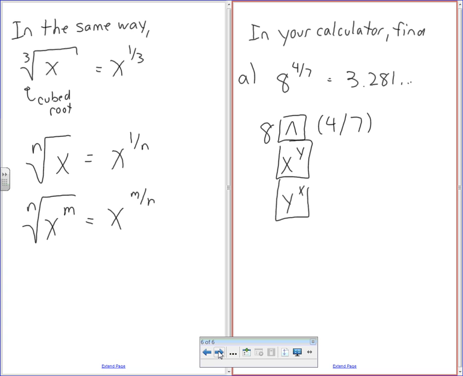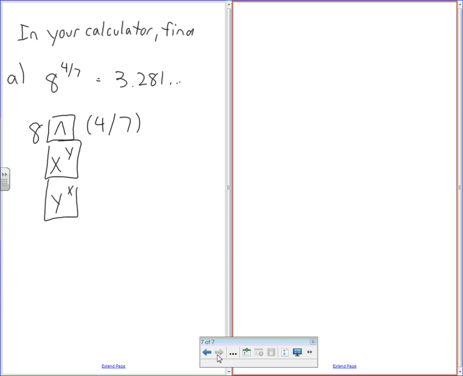So take a second and do this again to make sure we're good here. Let's try again: 156 to the negative 2/3. Take a second. I like everyone to try this out because it's important that you can copy this down off the board.